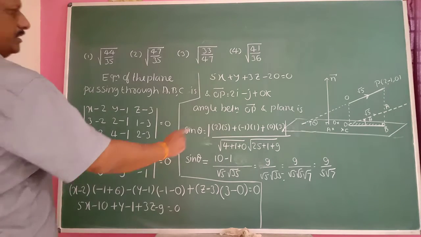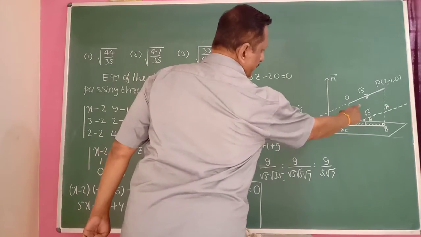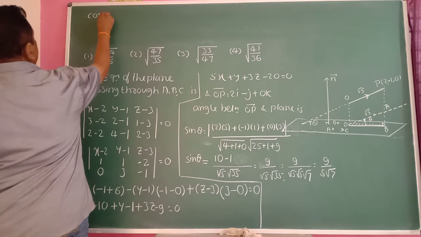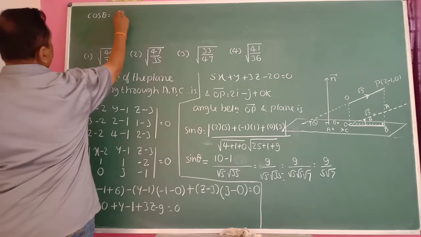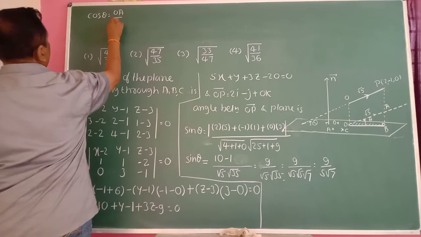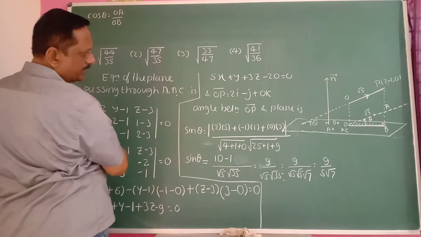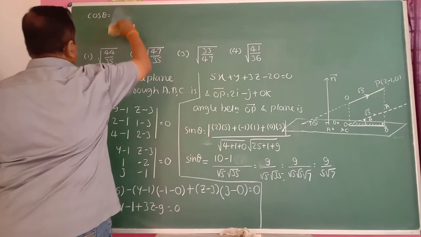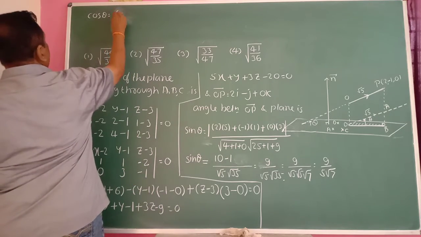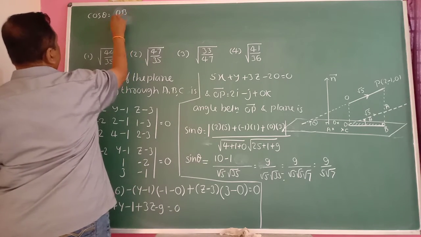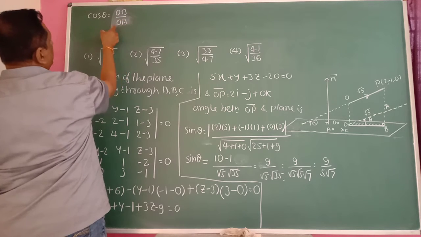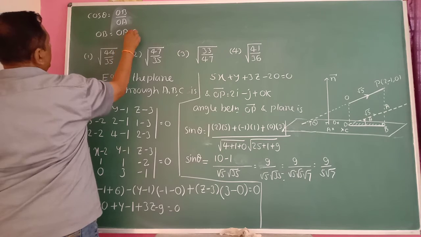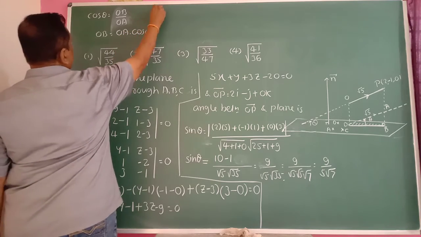Therefore, in this case, from the triangle OAB here, cos theta is equal to adjacent divided by hypotenuse, OB divided by OA. Take OA this side here. So OB is equal to OA into cos theta.